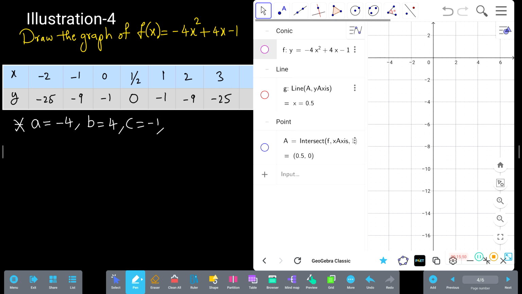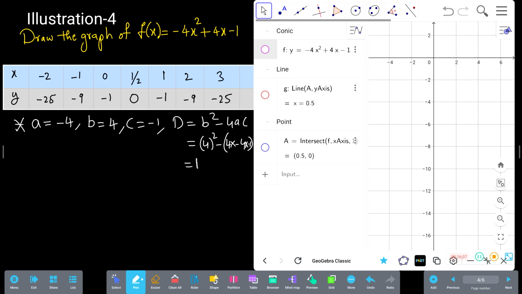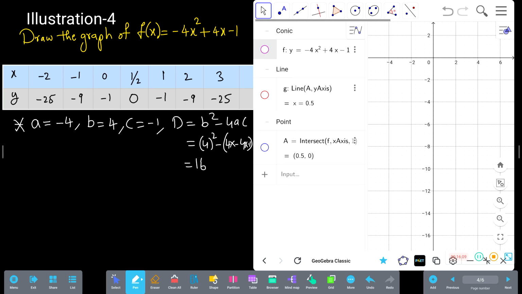If we calculate d, d is equal to b square minus 4ac, that is b is 4, 4 square, 4 into a is minus 4 into minus 1. So that's 16, minus into minus plus, plus into minus, minus 16. 16 minus 16 is 0. So the d value is 0.